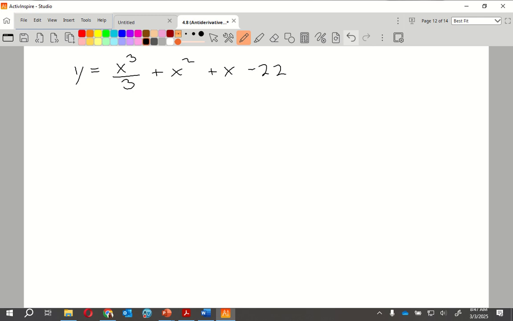Okay, so right here, we're going to go back and do the derivative of this. Let's take the derivative, because I'm going to verify this now. So this is going to be dy/dx is equal to the derivative multiplied by 3, right? So it's 3x squared over 3 plus 2x plus 1.